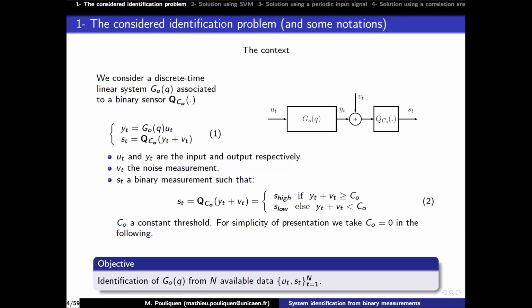C0 is a constant threshold. For simplicity, here I will take C0 equal to 0, but it's not a problem if it is different from 0. And what I want to do is to identify the system with only the available data, the input and the binary output.